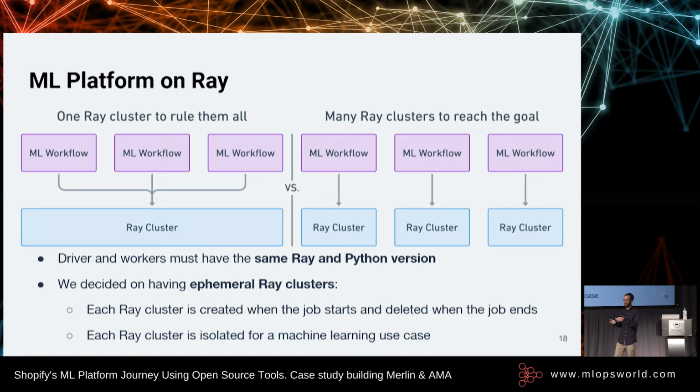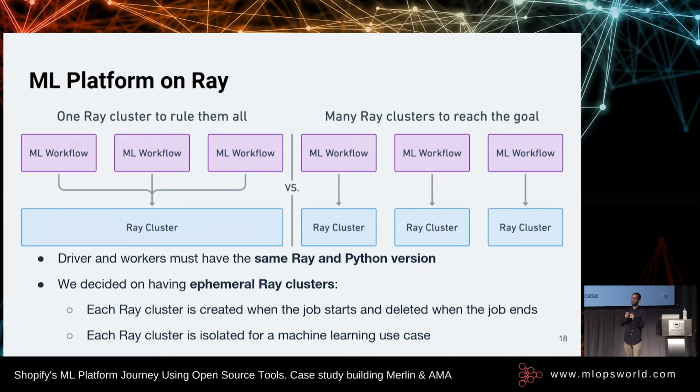The other way is to have many Ray clusters, where you would have a Ray cluster dedicated per machine learning workflow, which means that you can isolate your machine learning workflows and Ray clusters and have a dedicated Ray cluster per use case.